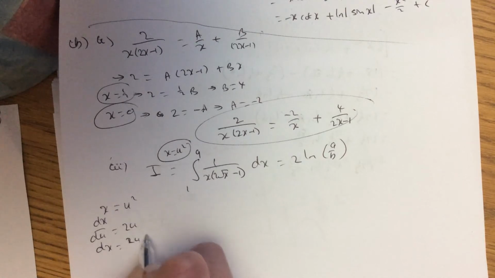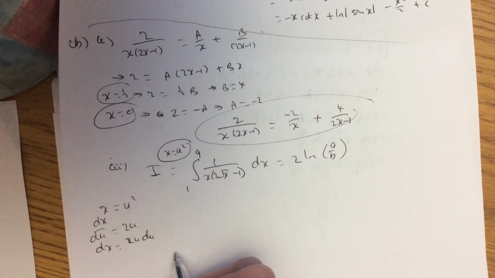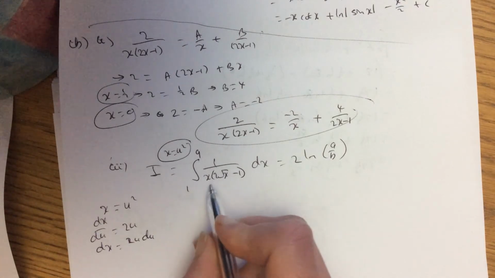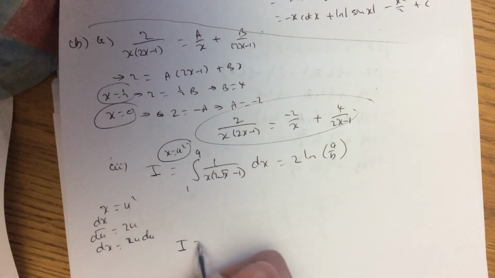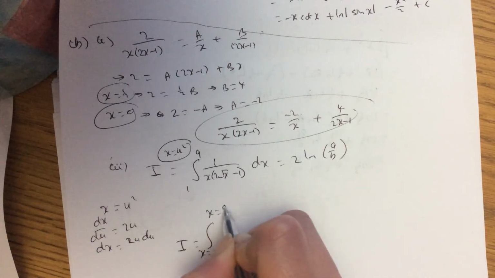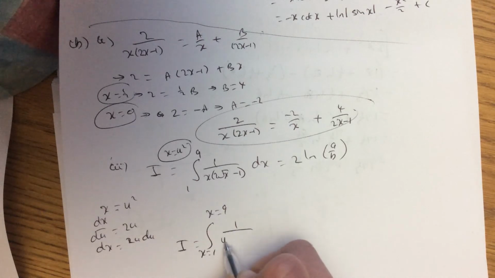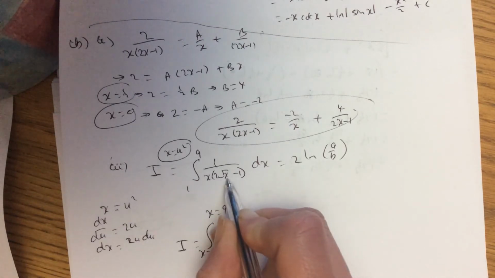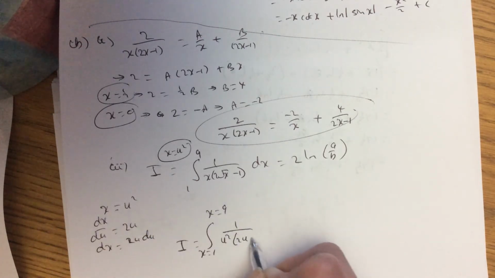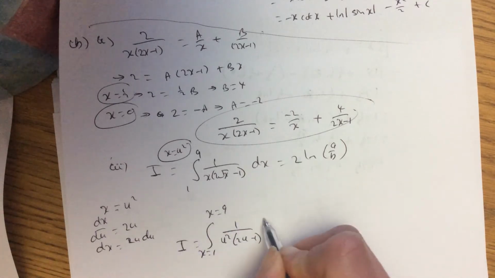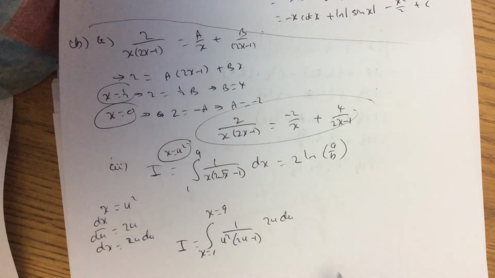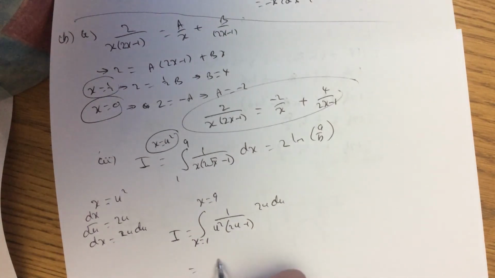So it's 2u du. Now, I'm going to take that and put it into my integral sign. So my integral is x equals 1, x equals 9, 1 over x is u squared, 2 root x is u minus 1, dx is 2u du.